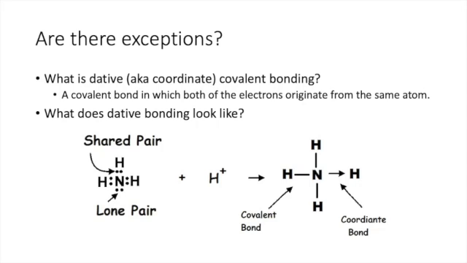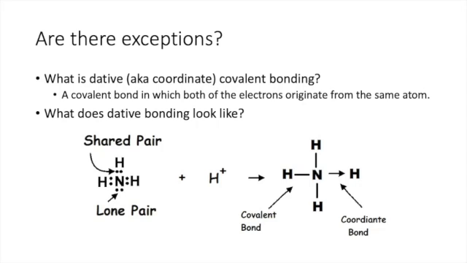And so as usual with chemistry, there's always some sort of exception to the pattern or the rule. And so for covalent bonding, the exception is dative or coordinate covalent bonding. And so this is a covalent bond in which both of the electrons originate from the same atom.